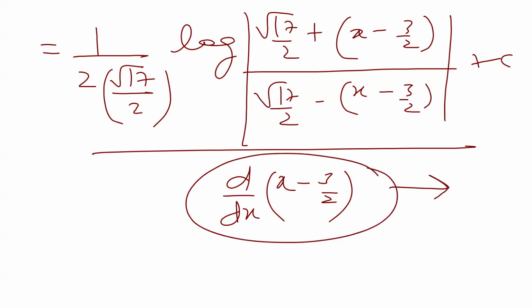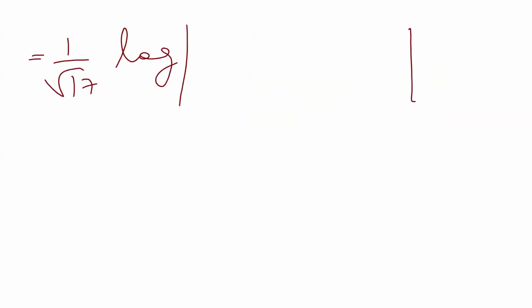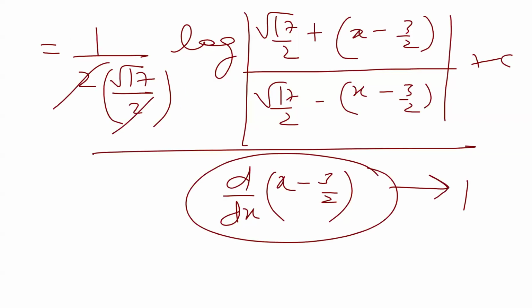Now this part is equal to 1. 2 and 2 are getting cancelled. So 1 upon root 17 log modulus root 17 plus 2x minus 3.